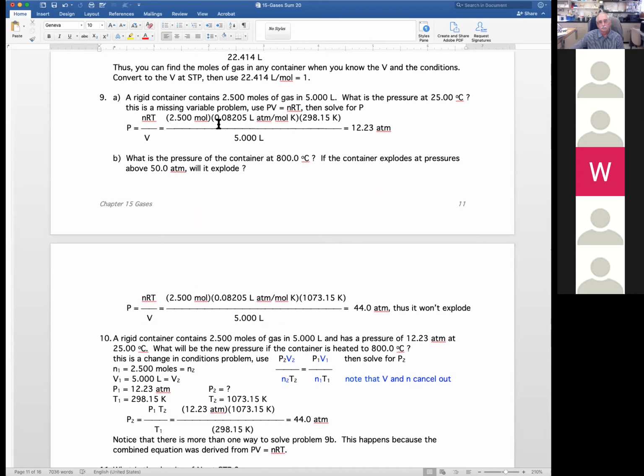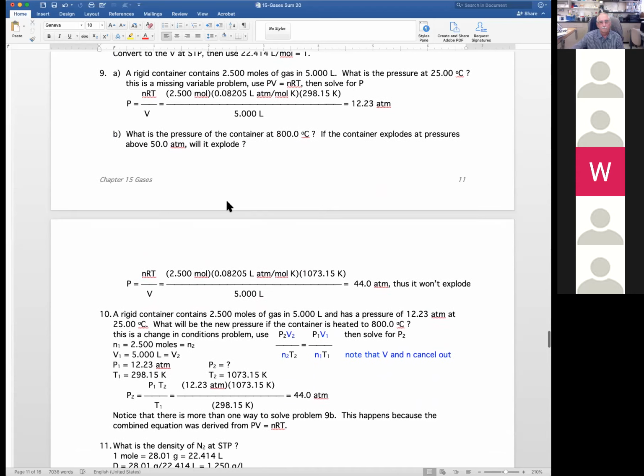So here's another problem over here. And what I want to do is show you something. See how I solved this problem right here? First I solved it using 25 degrees. Then I solved it again using 800 degrees, and I got 2 different numbers, right? Look at the next problem.